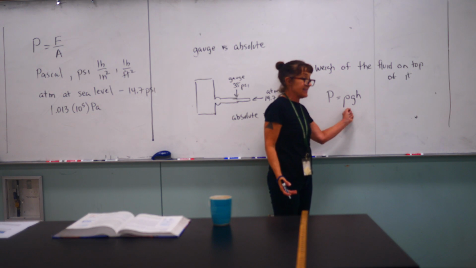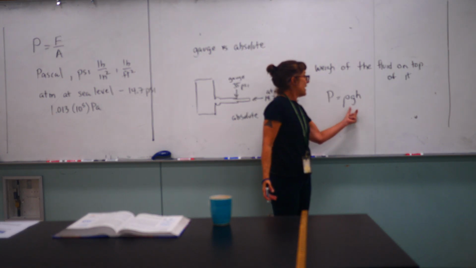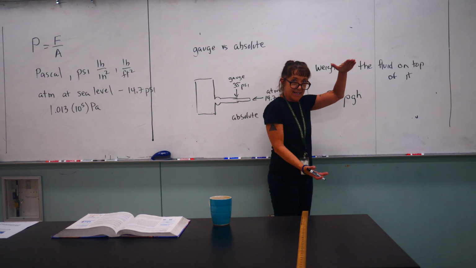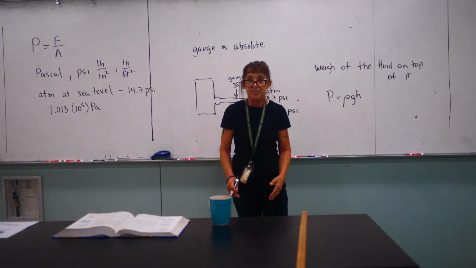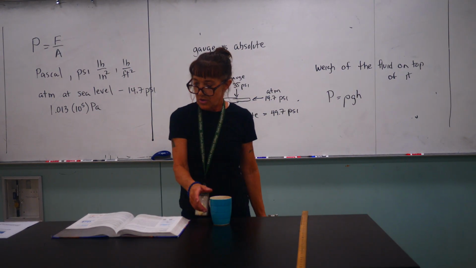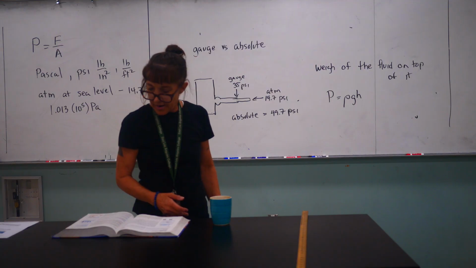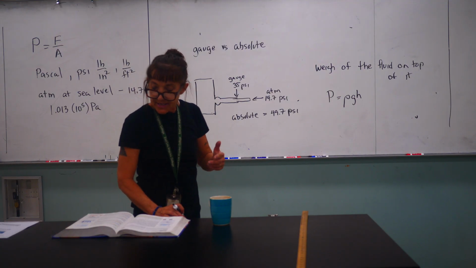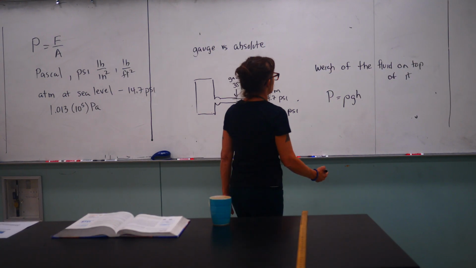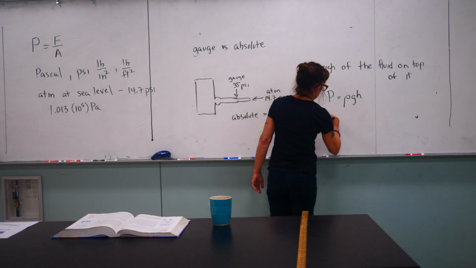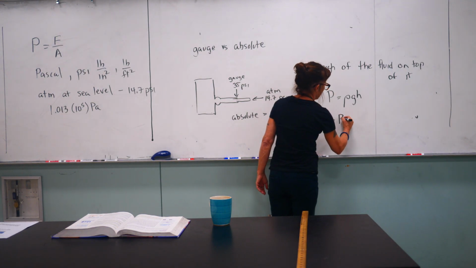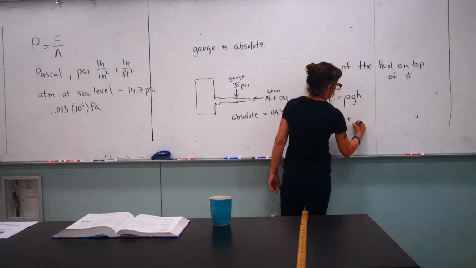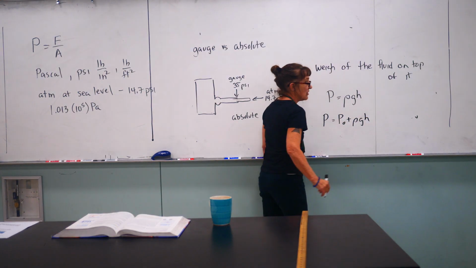You take the density of water times g times the depth of the swimming pool. And that would be the gauge pressure. The absolute pressure is going to be P equals P naught, atmosphere, plus rho g h.